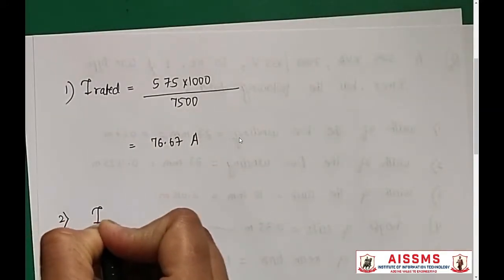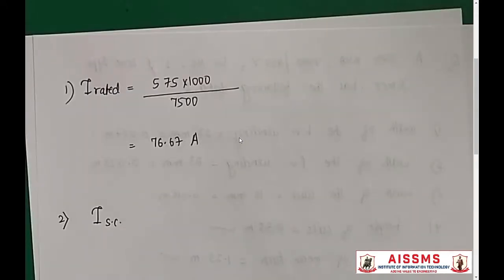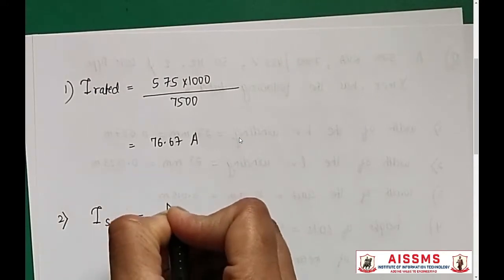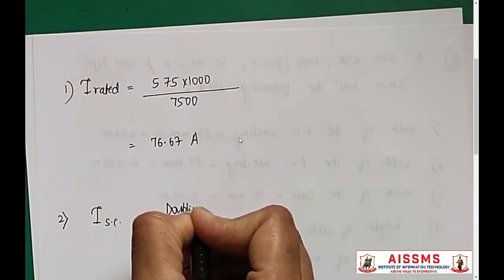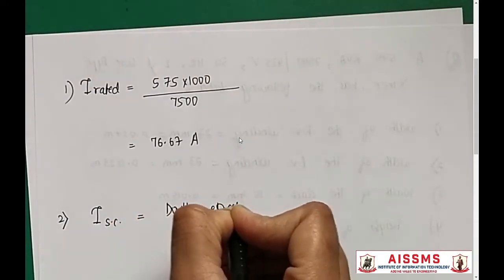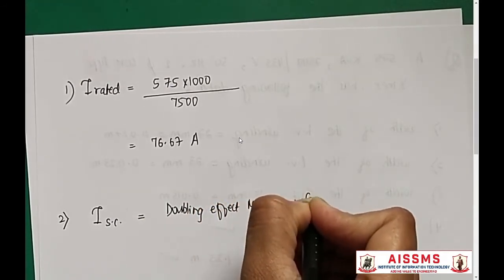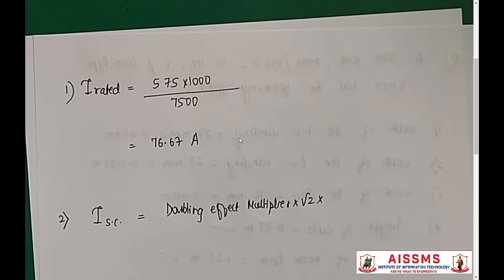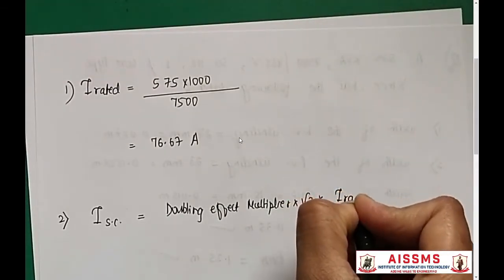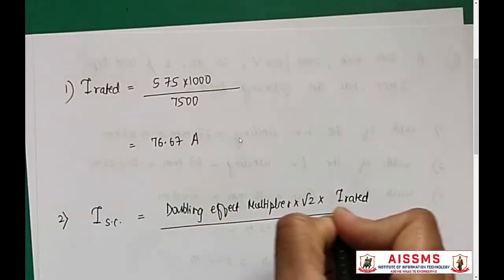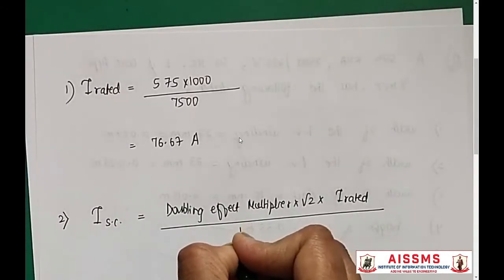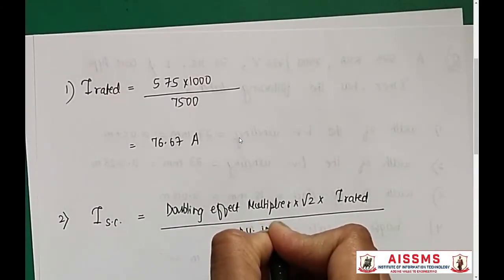Now, the second step is to calculate the current under short circuit condition. The current under short circuit condition is given by the doubling effect multiplier multiplied by root 2 into the rated current divided by the per unit impedance.